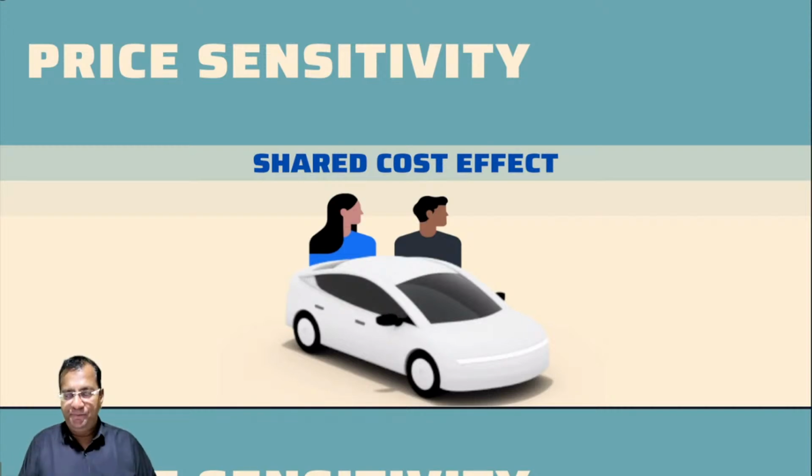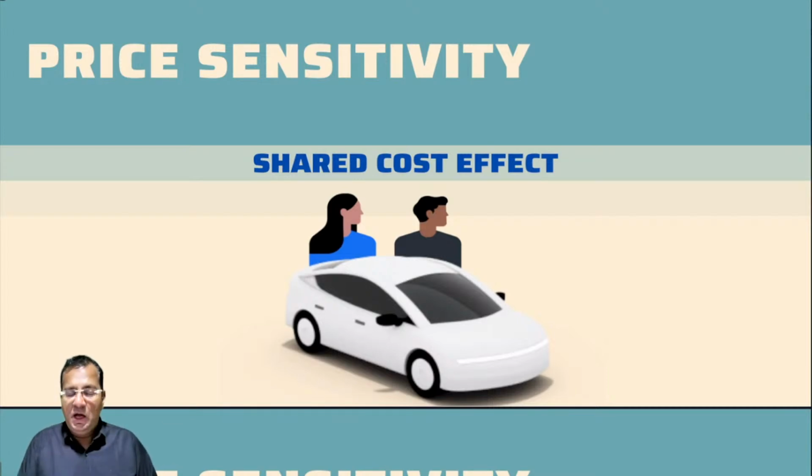What is this point? If I am increasing the price and I know the customer alone will share that price, will have to bear that price, then price sensitivity will be high. But if I know the product or service I am offering is shared by 2 or more persons, then the price increase will result in low price sensitivity.